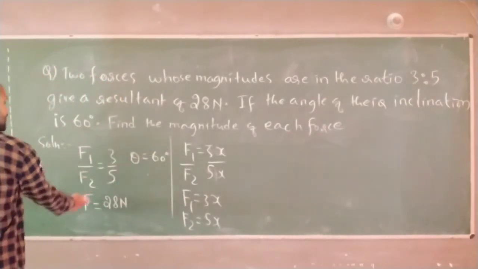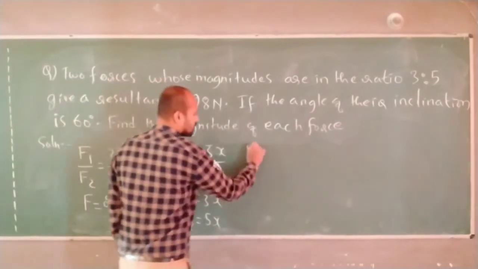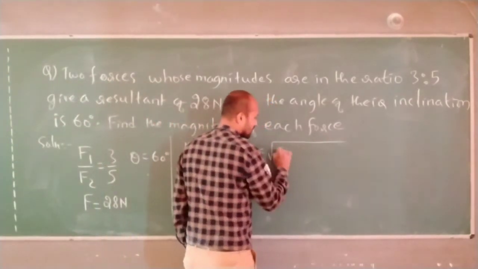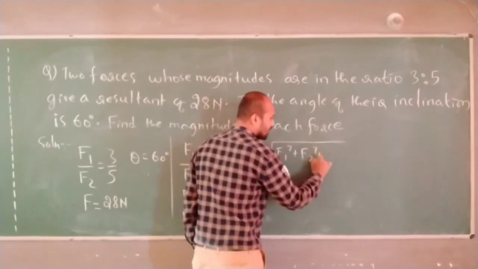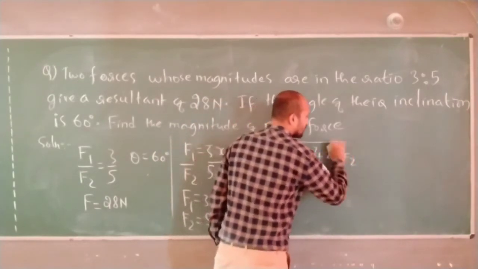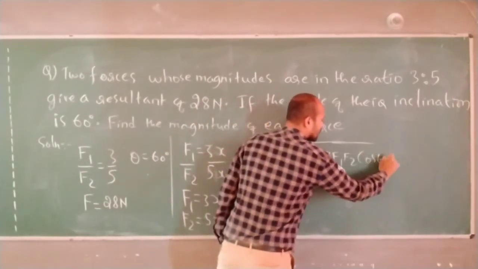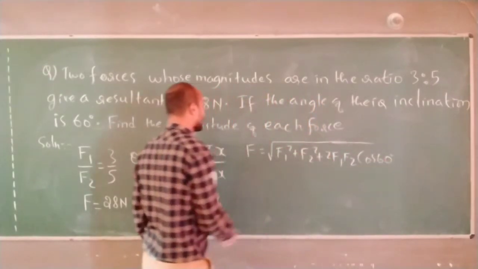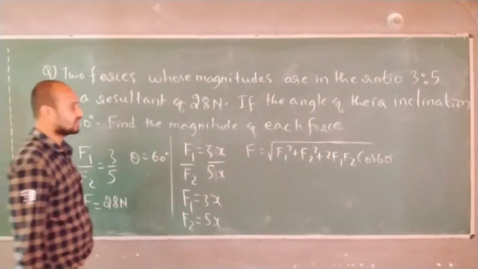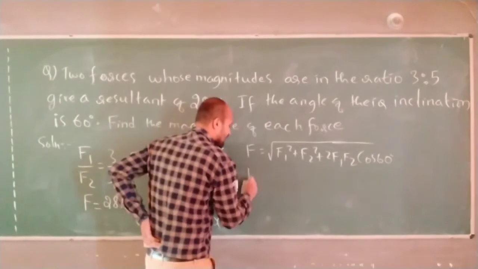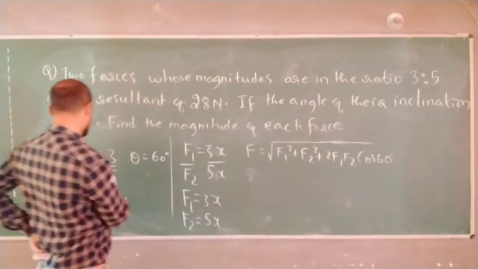Now the job is finished. The resultant you know, F net. So F is equal to root of F1 square plus F2 square plus 2 F1 F2 cos 60 degrees, because directly I am writing theta equal to 60 degrees. Here F is 28 Newton.